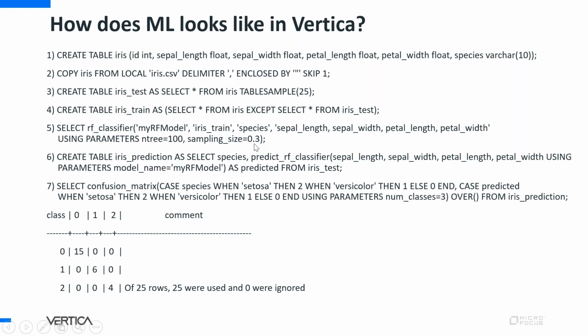So first you create a table with all the variables or parameters you get from the source file, then you load the data into that table, and then you create your test data. Let's say you get 1 million records.